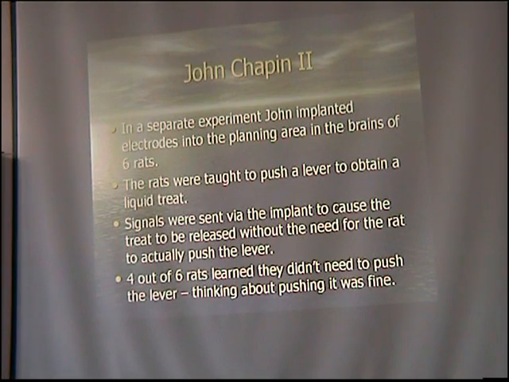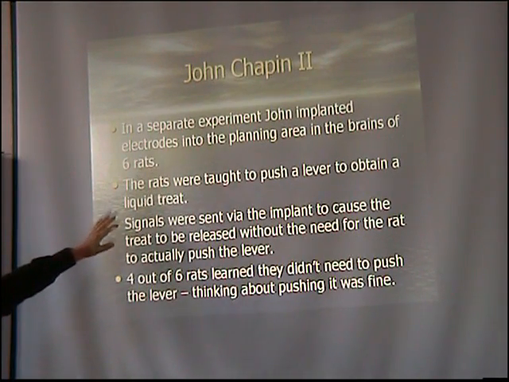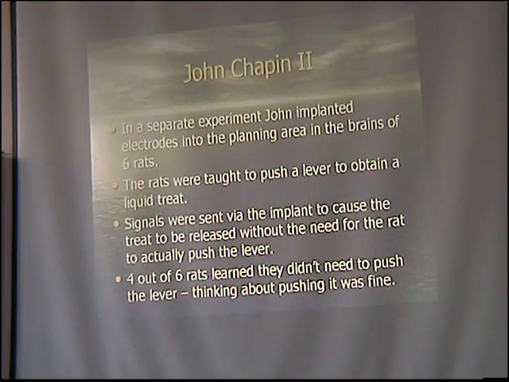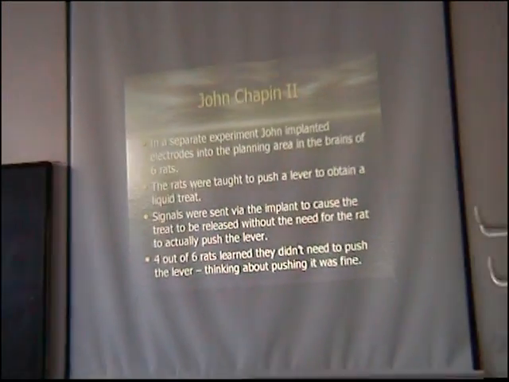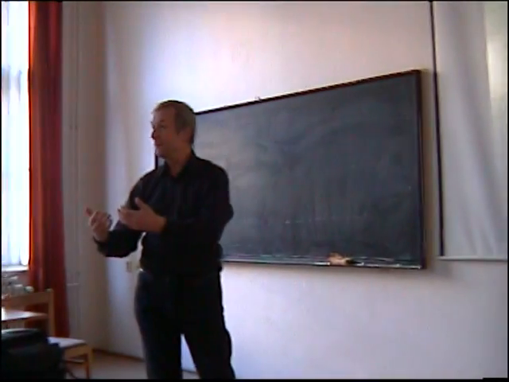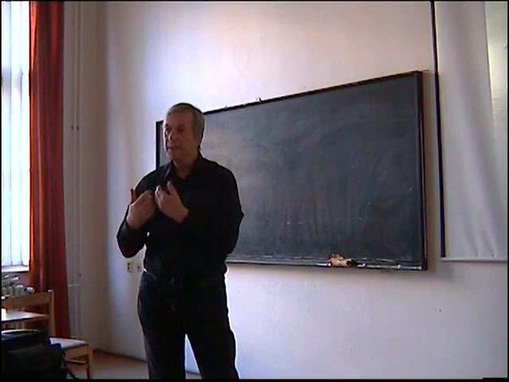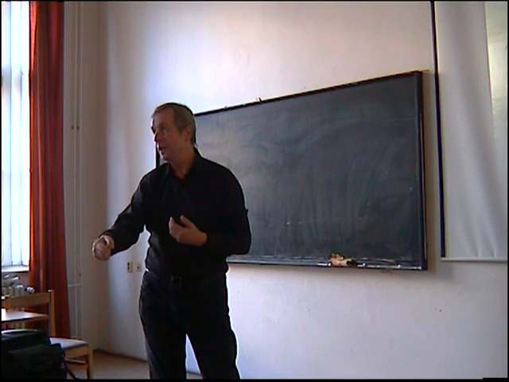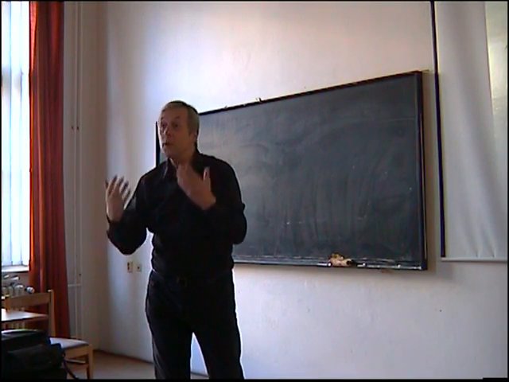He took signals from the implant in the brain so that when they planned to pull the lever, signals were used to cause the sweet liquid to appear. Effectively, they didn't have to actually carry out the action. As long as they thought about pulling the lever, that was fine. The liquid would be released.